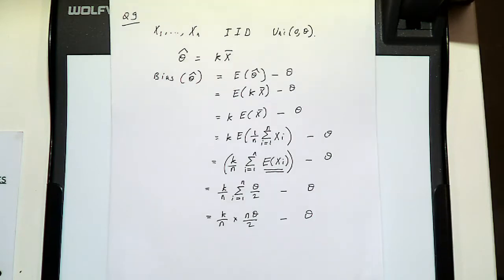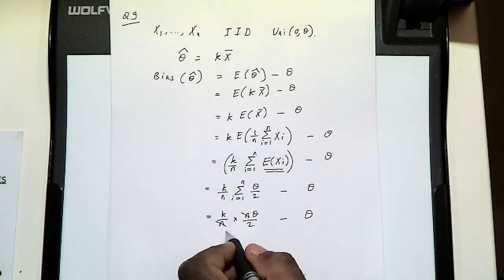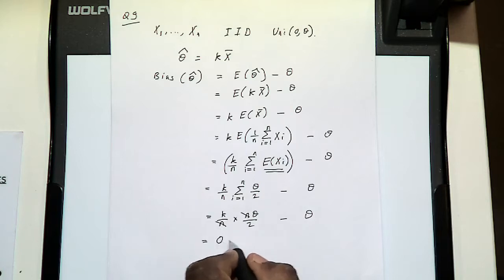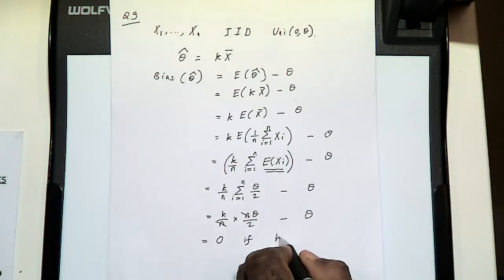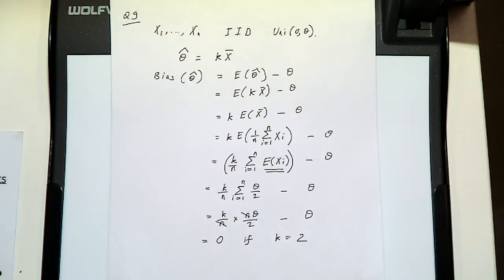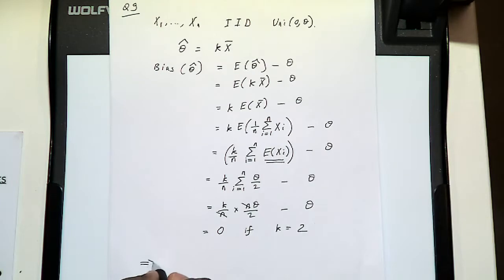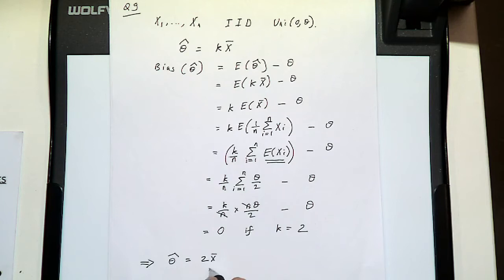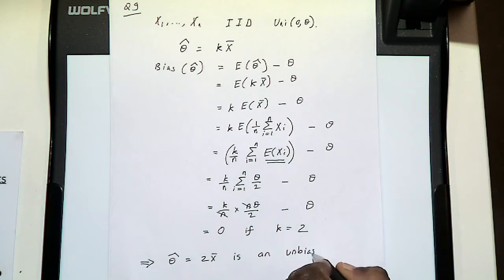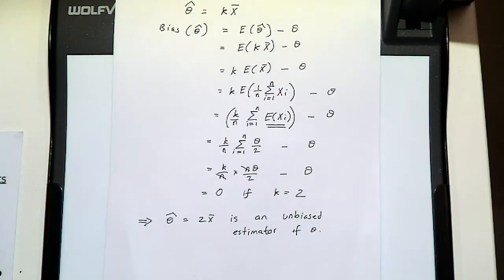The n and the n cancel, so this is 0 if and only if k is equal to 2. So what this implies is that theta hat defined by 2 times the sample mean is an unbiased estimator of theta. So that's the first part.